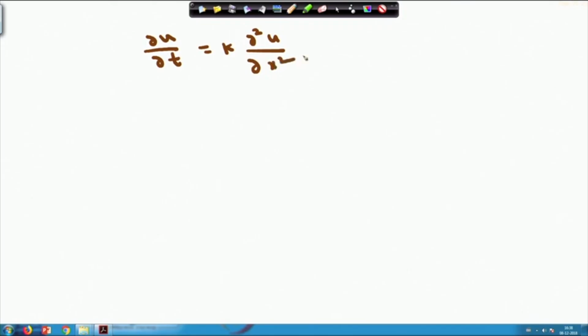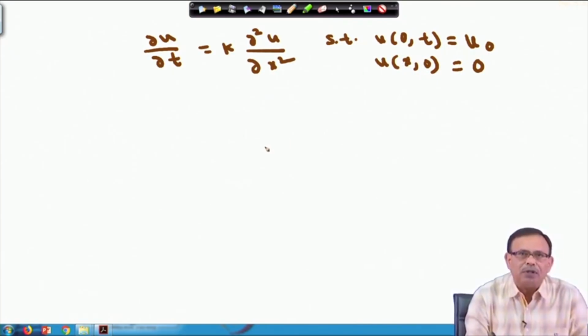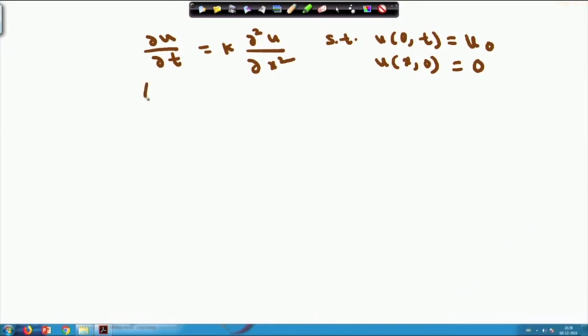As I have told, subject to u(0, t) equals u0 and u(x, 0) equals 0. These conditions are provided. As I told you earlier, we have to take the Laplace transform on both sides of the given equation first. So, apply Laplace transform on both sides of the given equation.